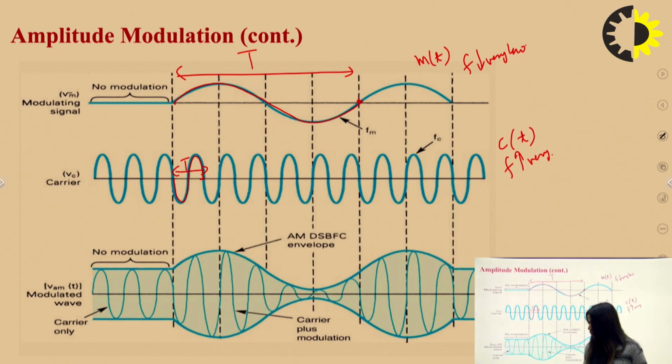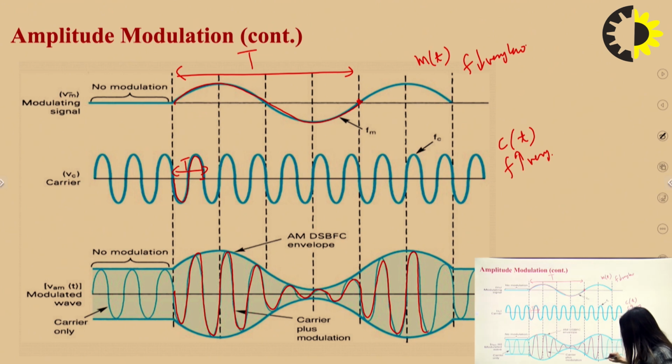So we see that this carrier waveform is adopting the amplitude of the modulating signal and is being transmitted as the amplitude modulated wave. Whatever I am drawing in red pen, this is my amplitude modulated wave.